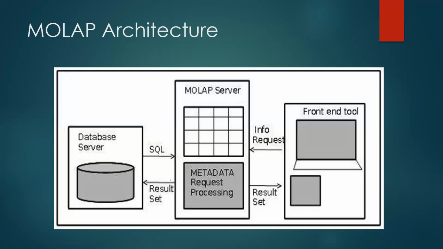The advantage, as I said, is that it is nicely indexed and the speed of the query is faster. The disadvantage is that because of the structure, it is not capable of containing detailed data. Sorry, not large data, but detailed data.